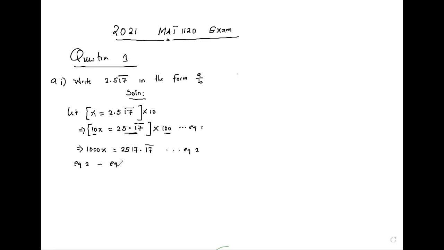minus equation 1, we mean 1000x minus 10x is equal to 2517.17 bar minus 25.17 bar.